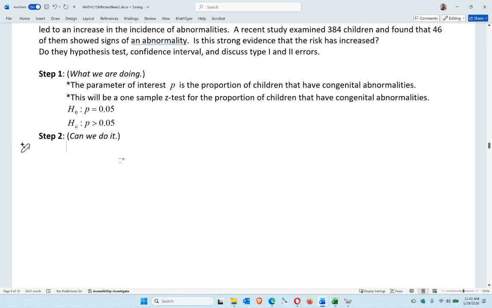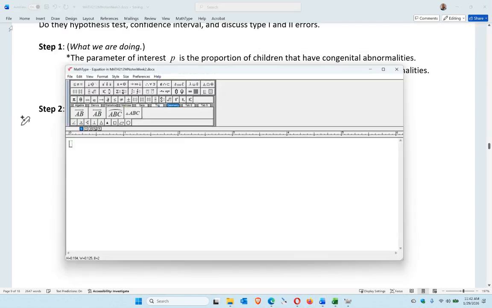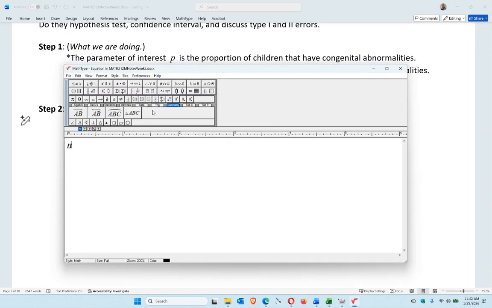Okay, we'll do a little bit of math here. So n times p equals 384 times 5%. That would be 19.2, right? And then we can copy that, paste, and times q, right?